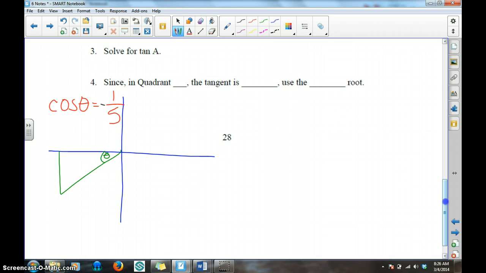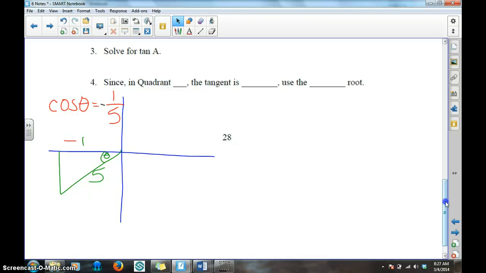Is that a fair statement? The reason I've reciprocated that is because you tend to work better with SOHCAHTOA trig using cosine and sine than secant and cosecant. Now I'm going to take that -1/5 and label the sides of my triangle. The adjacent will be a 1, the hypotenuse will be a 5, and one of those two values is negative. It's the 1 because it's going left. It's a direction.